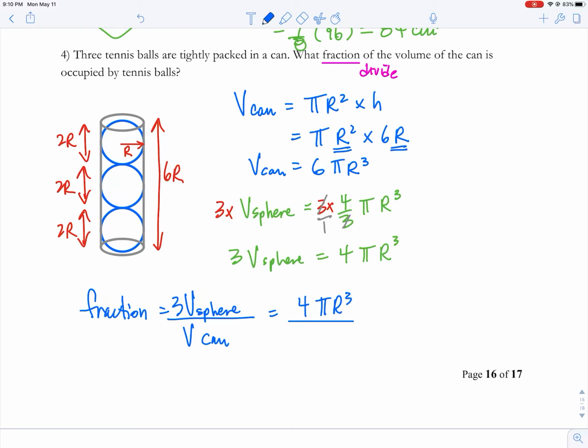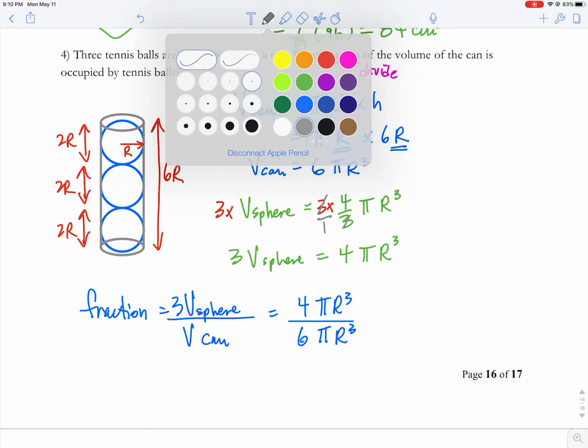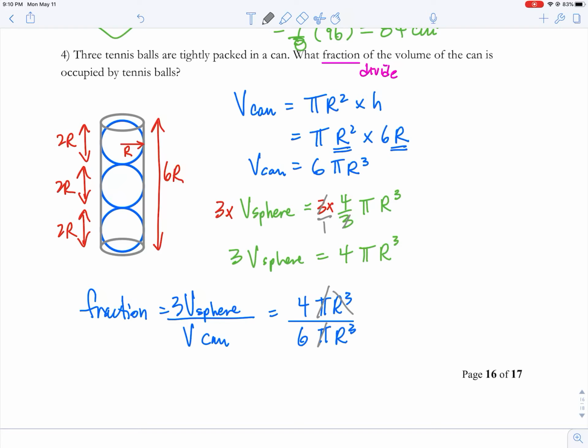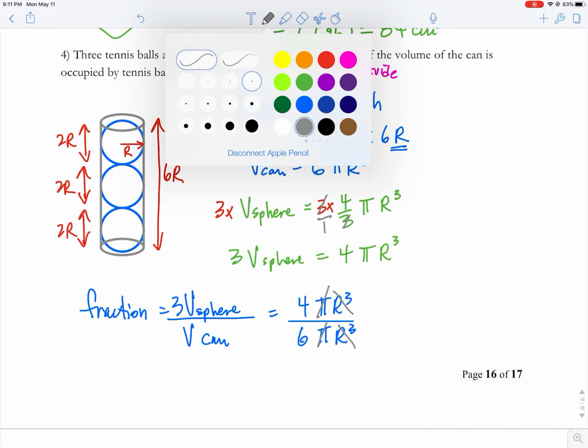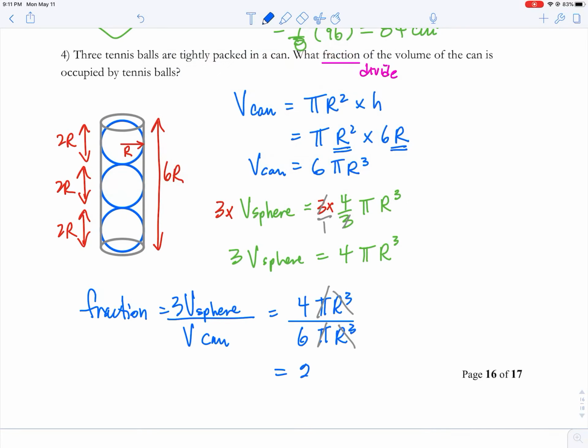The can was 6 pi r cubed. And very nicely, again, things cancel. So pi with pi, r cubed with r cubed. So we get 4/6, which simplifies to 2/3. So therefore, the fraction of the volume of the can occupied by tennis balls is 2/3. And you can figure out what that therefore would be.